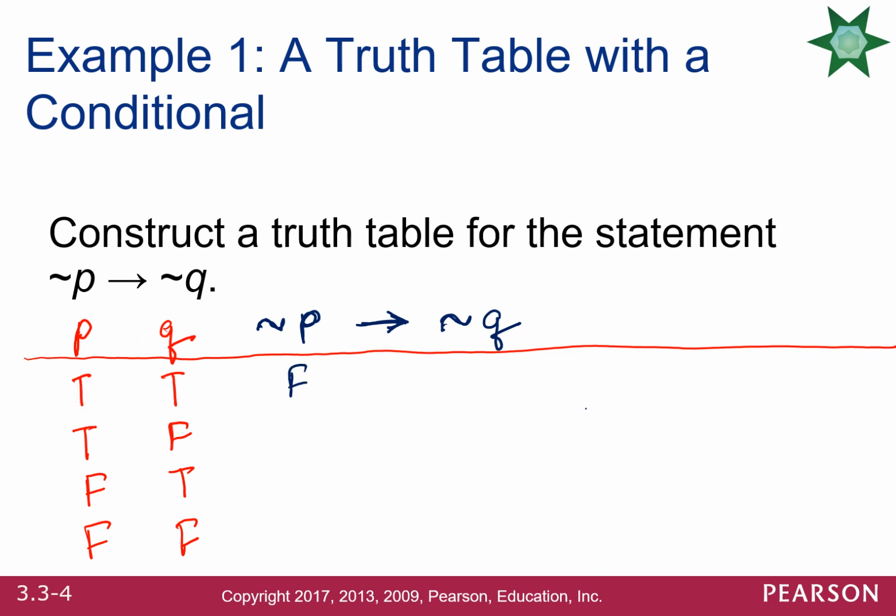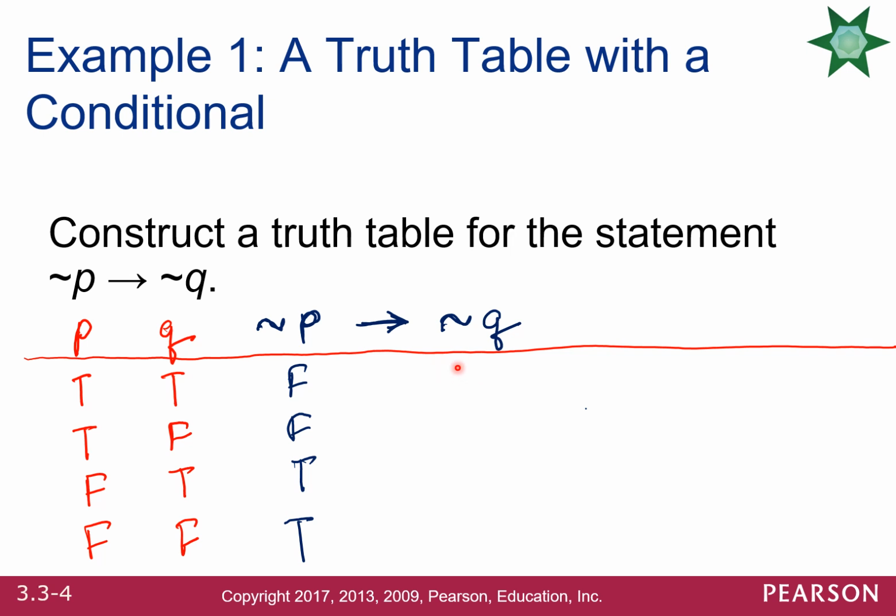Then the next true also becomes a false. The F becomes a T and then also a T. Now we go on to negating all the Q values. Once we complete the negation, then we will work out the truth values using the conditional, and those will be listed under the arrow.